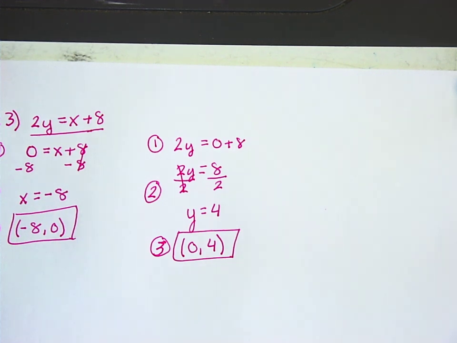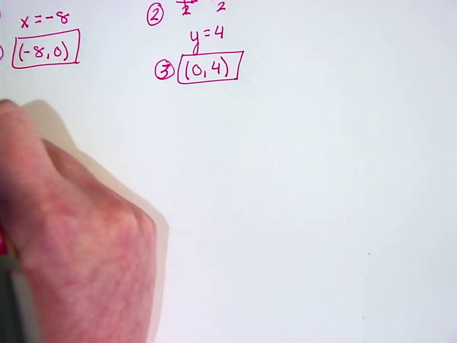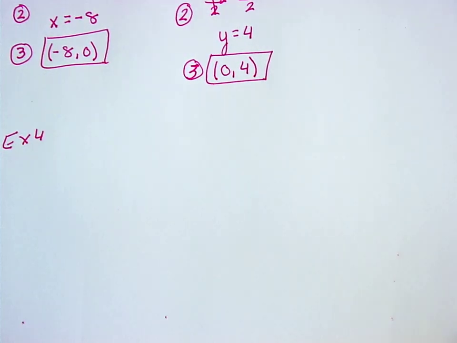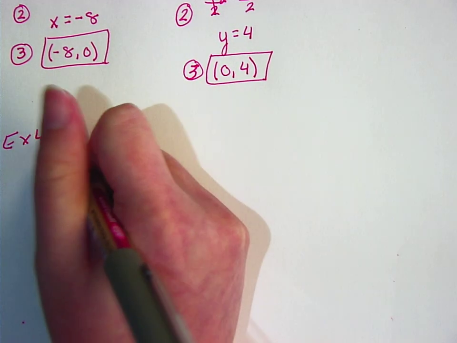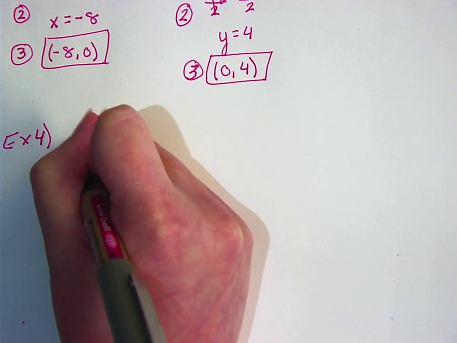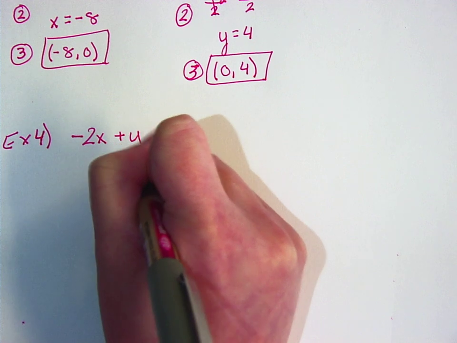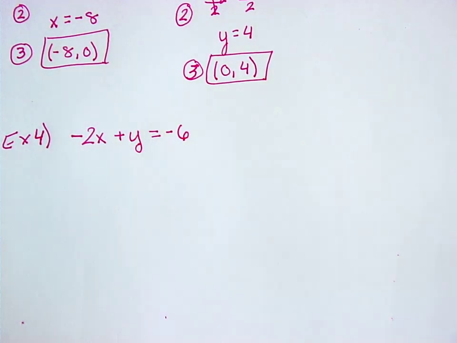Okay, we're going to do one more. It's going to be just like this one, and you guys are going to do it for a prize. You ready? Example 4. We're going to have the equation negative 2x plus y equals negative 6.